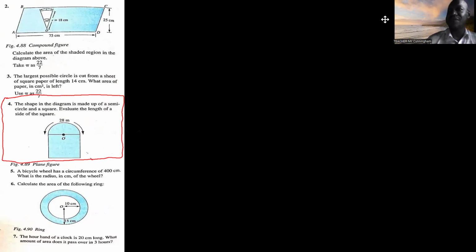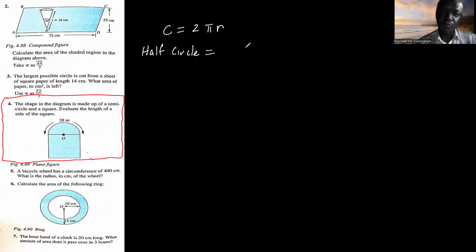And if they gave the length of the arc, then you have to use circumference, distance around a circle. Now, circumference is equal to 2 pi r. So half of a circle will be equal to 2 pi r divided by 2.